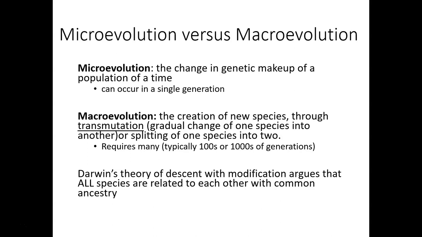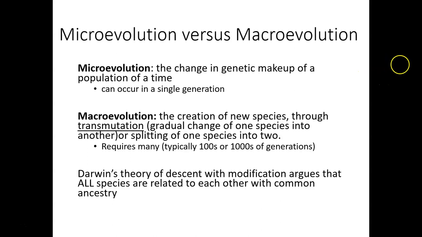Macroevolution is really just microevolution over a longer period of time. So it can require hundreds or thousands or millions of generations for new species to be formed from old species. Macroevolution can include the creation of new species through transmutation, which is a gradual change of one species into another, or splitting of one species into two.